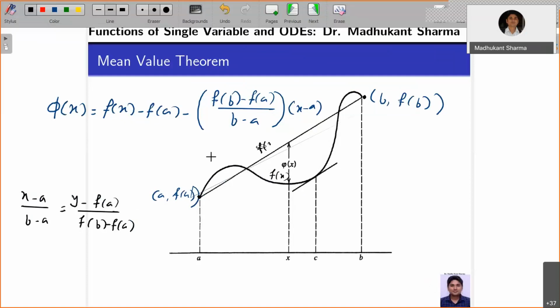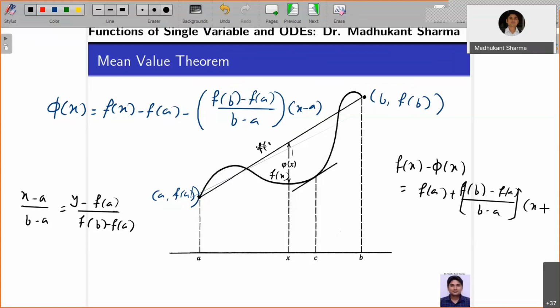Now this phi of x is nothing but this length. Phi of x is a function, the length of the gap, so it is the curve minus the line. That is, phi of x is f of x minus the line, which is f of x minus f of a plus f of b minus f of a divided by b minus a times x minus a.